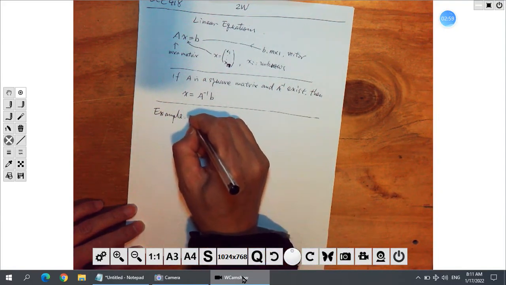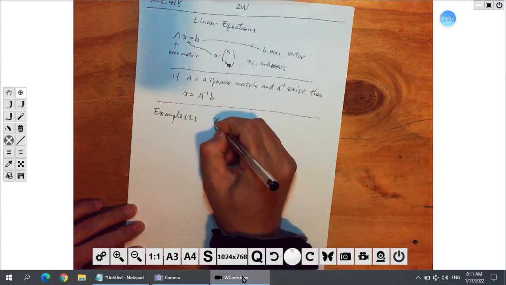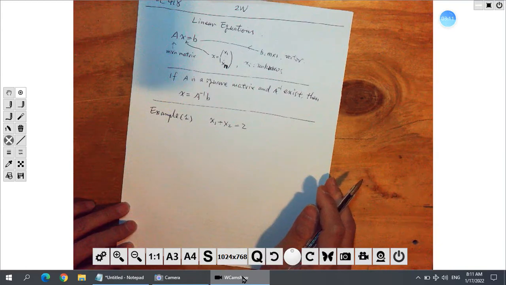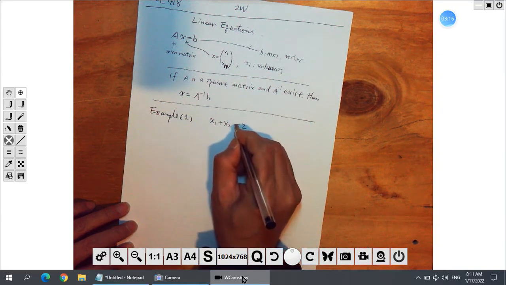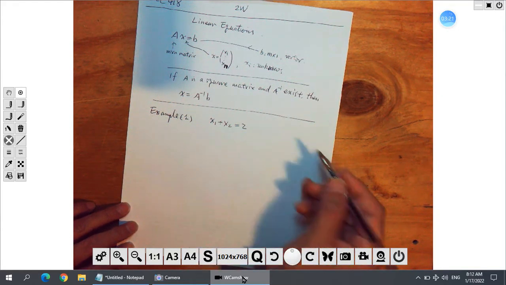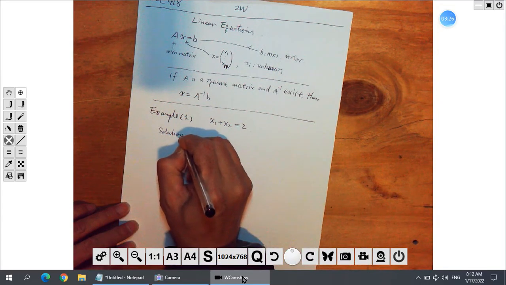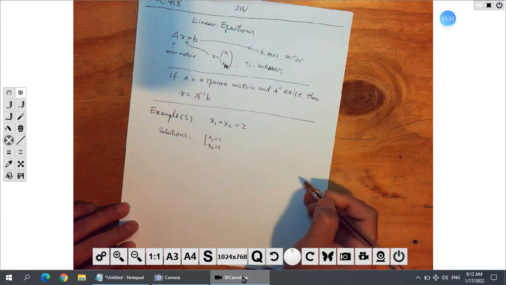Example 1. We consider the equation x1 plus x2 equal to 2. Just one equation. Do we have solutions? Yes, actually we have more than one solution. x1 equal to 1 and x2 equal to 1, 1 plus 1 equal to 2.